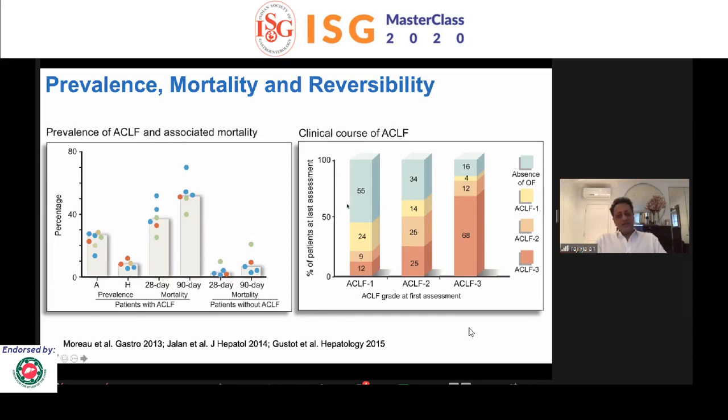And that's really important to understand, that there is a potential for reversibility of ACLF, which reduces progressively as you go from ACLF 1 to 2 to 3, which means that only 16% of patients who've got ACLF 3 have a potential for reversibility with our current approaches to therapy.